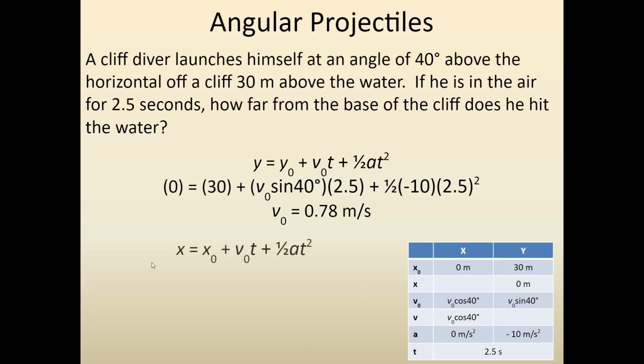I didn't plug it in, but I can plug it into the annoying x to find where the final x position is, now that I have all the information. So plugging in the velocity I got before, I end up getting that he lands 1.49 meters away from the cliff.